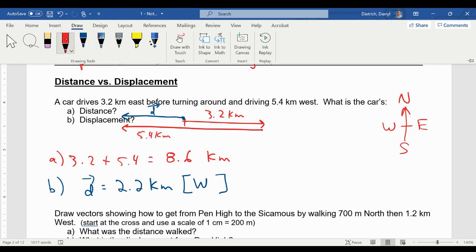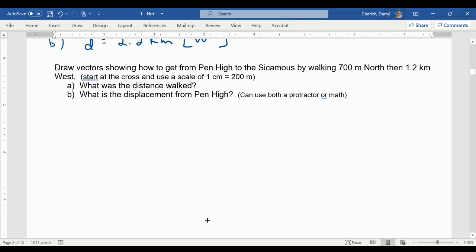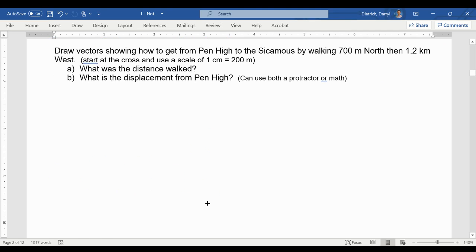Okay, so next, if we have a question where we have a couple of different directions involved, we're going to need to use some trigonometry. So if I talk through this and draw as I go, we're going to go from Penhai to the Sicamous by walking 700 meters north and then 1.2 kilometers west.